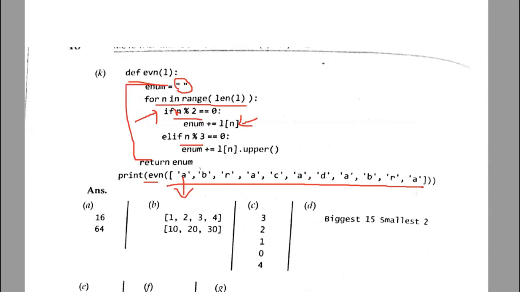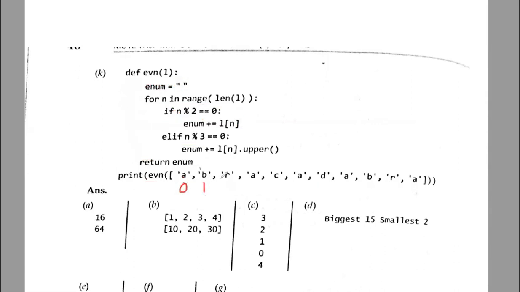So let me write the index here first. This is the 0th index, 1, 2, 3, 4, 5, 6, 7, 8, 9 and 10. What are all the multiples of 2? First you take it into account, and when you are having 0 mod 2 also, it is going to return 0 only. Okay, so 0 will be taken, 2, 8 and 10.